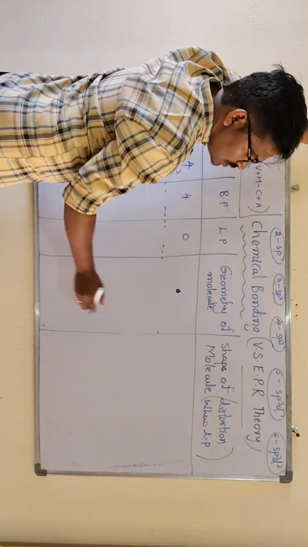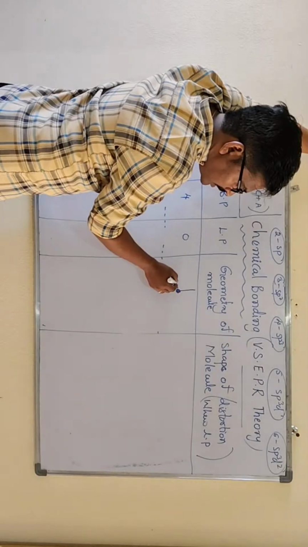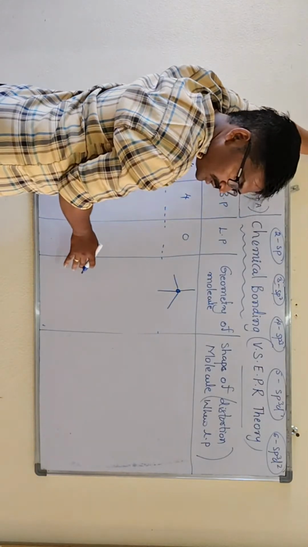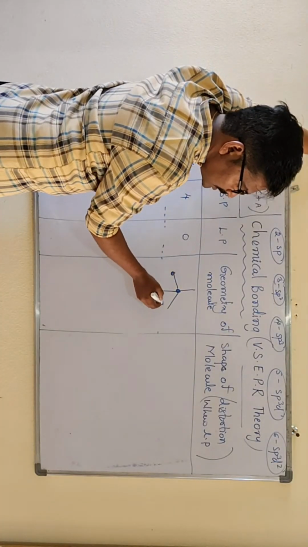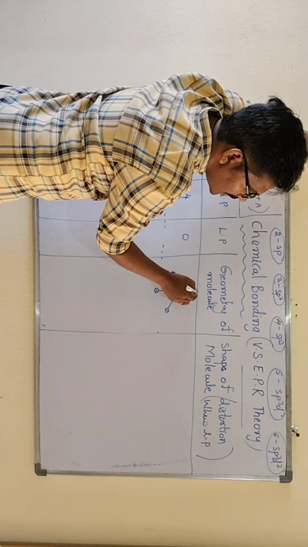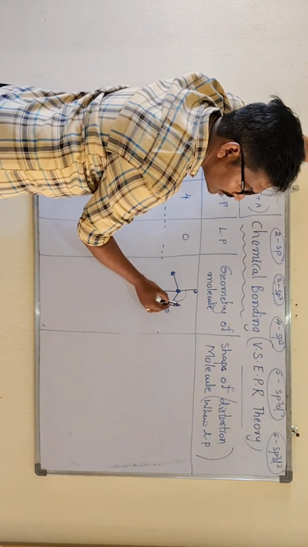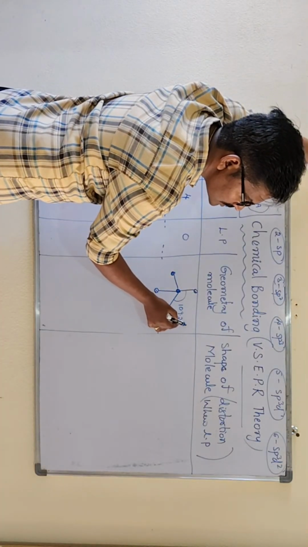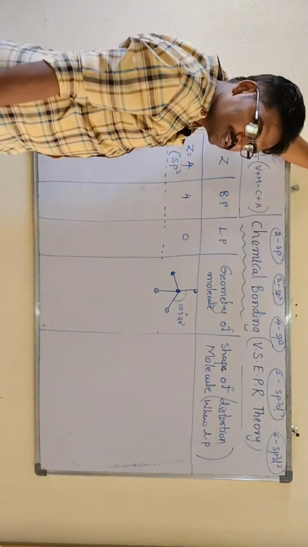So here one bond, one bond, one bond, one bond, and each bond contains one atom like this. Now the bond angle here is 109 degrees 28 minutes.